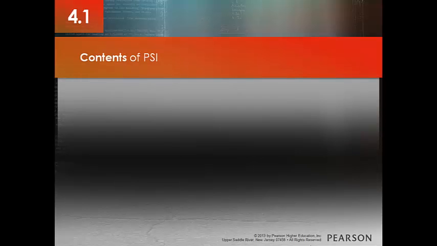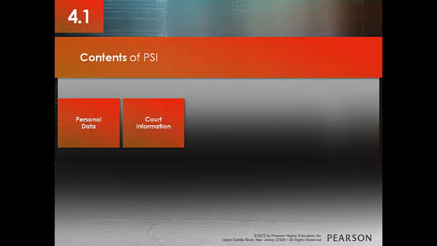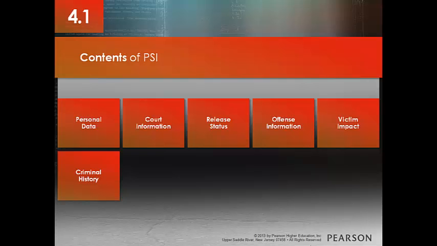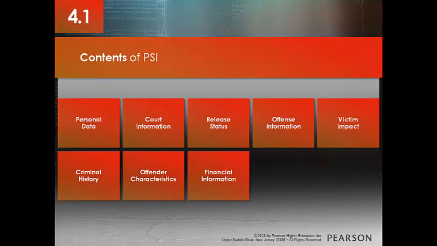A typical PSI will be about 8 to 10 pages, and it will contain the following: personal data, court information, release status, offense information, victim impact, criminal history, offender characteristics, financial information, sentencing options, and finally recommendations.